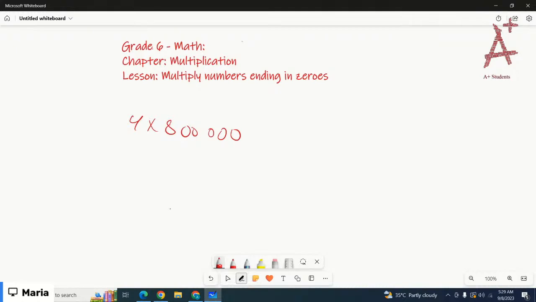So multiply the non-zero values. That would be 4 times 8, and 4 times 8 is 32. Now you can count the number of zeros. You have 5 zeros. That means it would be 3,200,000, right?